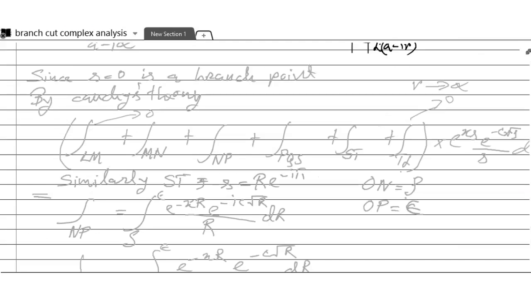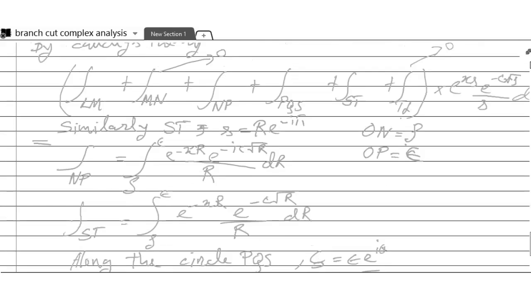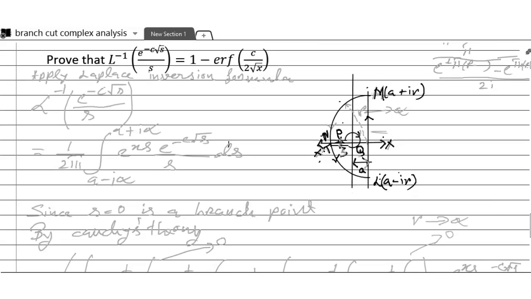And the MN and TL portions are 0 as r tends to infinity.